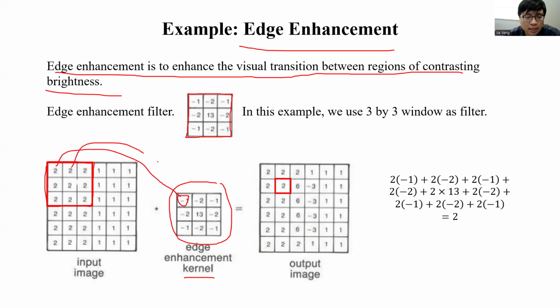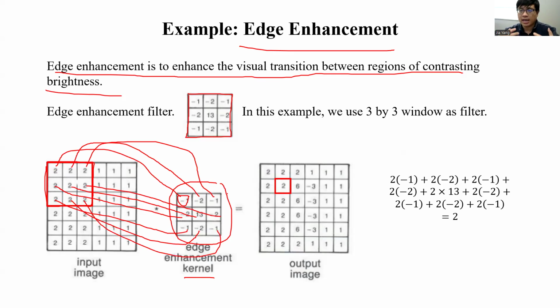Here we calculate the product of 2 and -1, the product of 2 and -2, and the product of 2 and -1. The same thing for the product of 2 and -2, 2 and 13, and 2 and -2, then 2 and -1, 2 and -2, 2 and -1. After we calculate the products, we add them up.